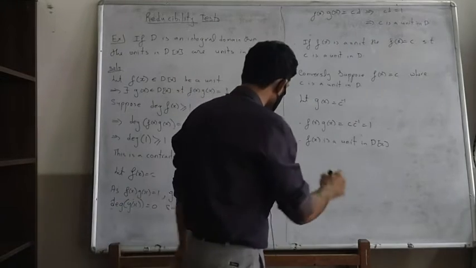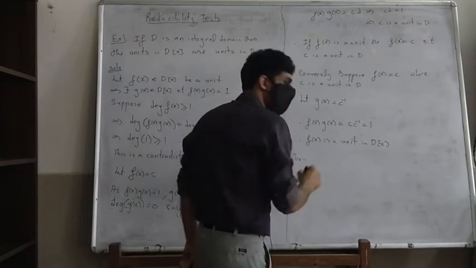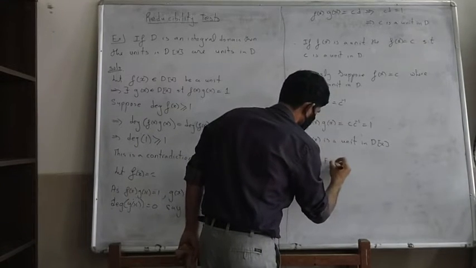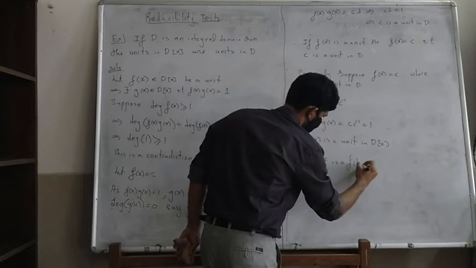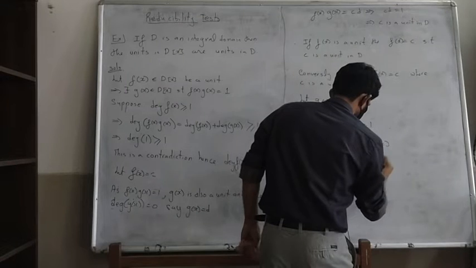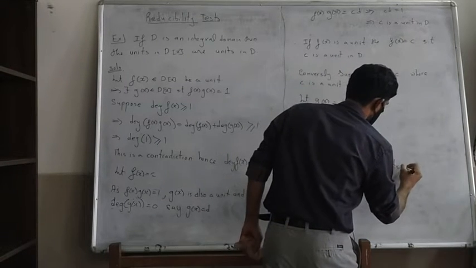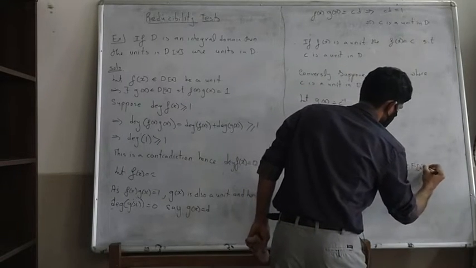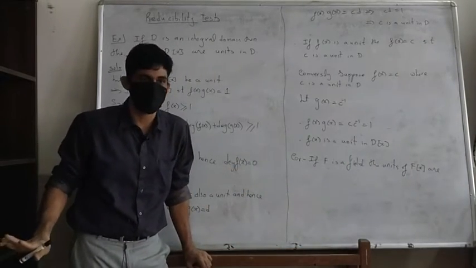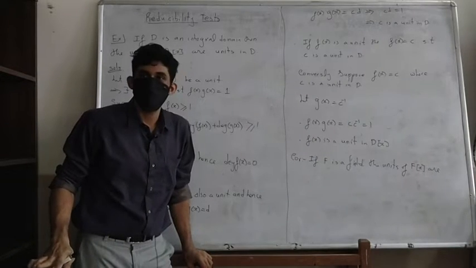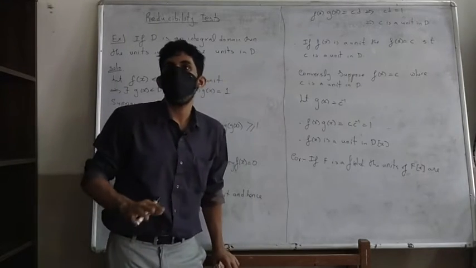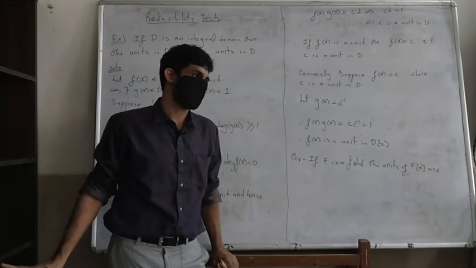So as a corollary to this, it is obvious that if F is a field, the units of F[x] are nothing but all non-zero constant polynomials. Why? Because in a field, all non-zero elements are units, right?